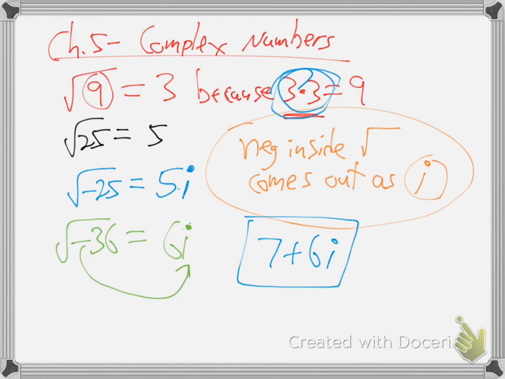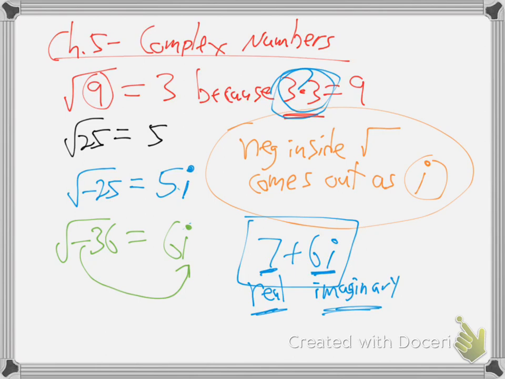Does anybody know what we call it when you have a number that has a real part? 7's real. I can have 7 coins in my pocket, right? 6i is not real. I could not have 6i coins in my pocket. That's impossible. So this is one number. Even though it's got 2 numbers in it, it's one number.